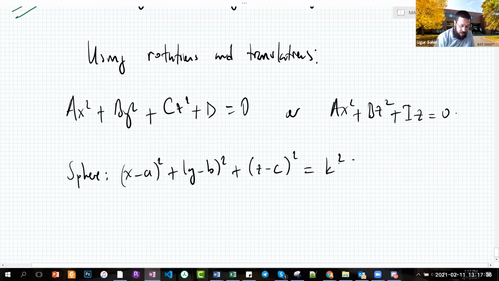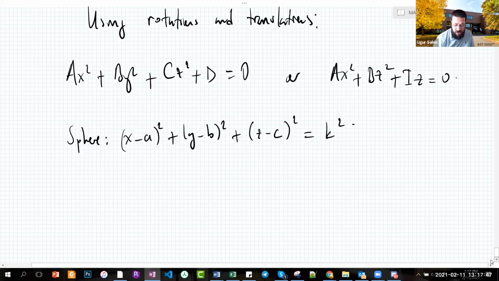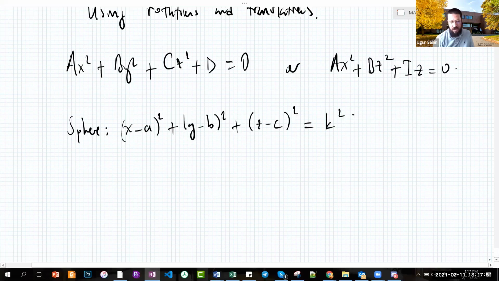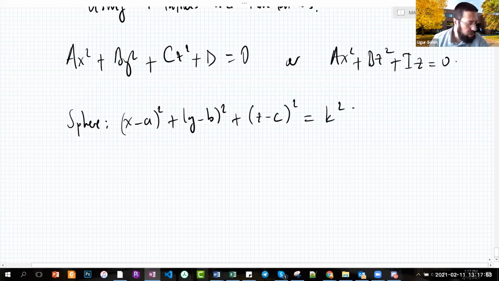You see? It fits the first equation actually, which is just a translated version of that one. But first of all, today I'm going to start with the cylinders.